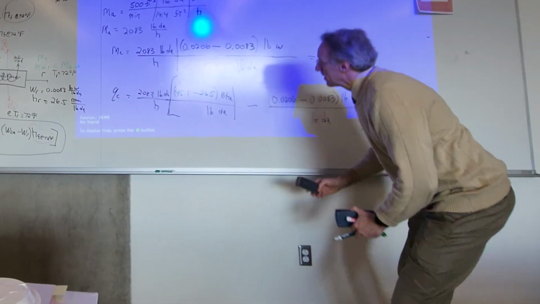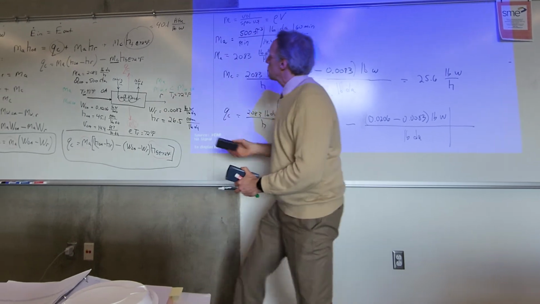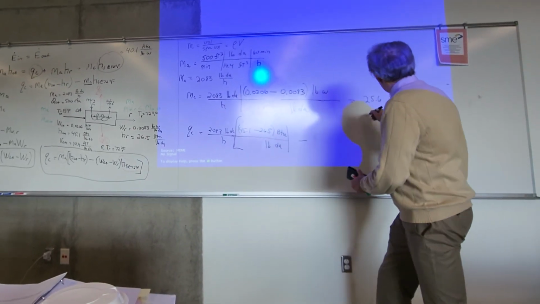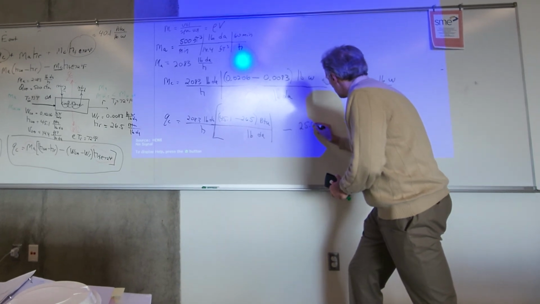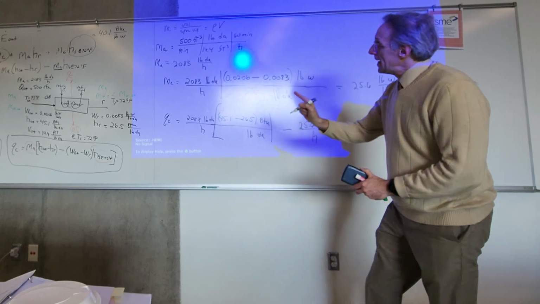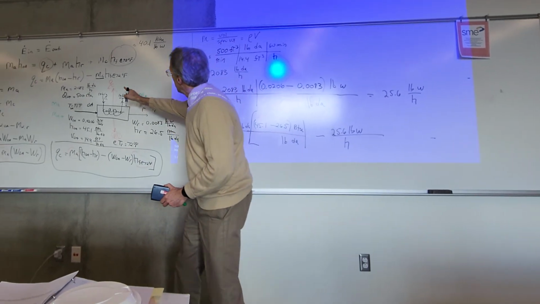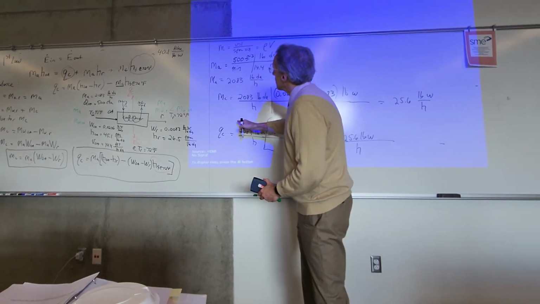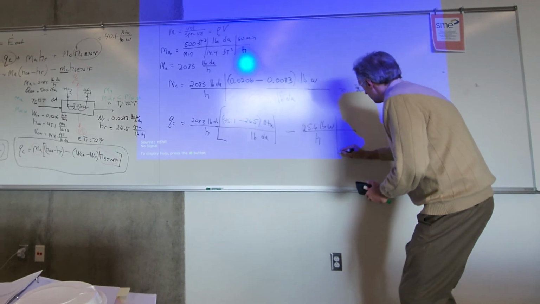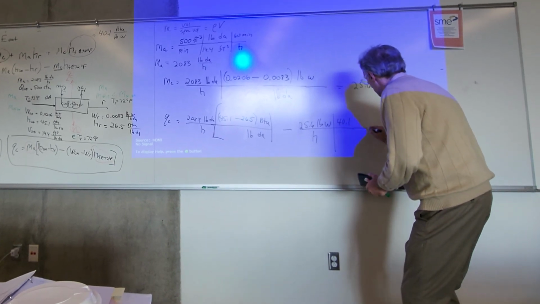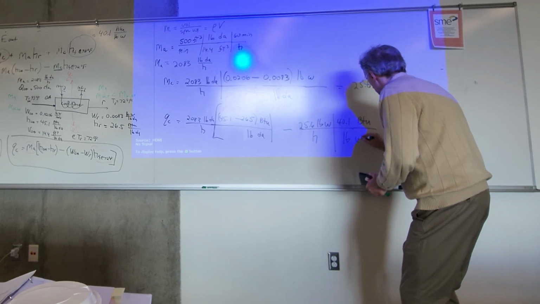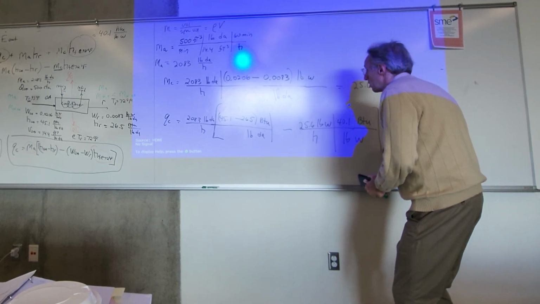Going too fast here. Which are MC. MC was 25.6 pounds of water per hour, and then HF at 72 degrees was 40.1 BTU per pound of water.